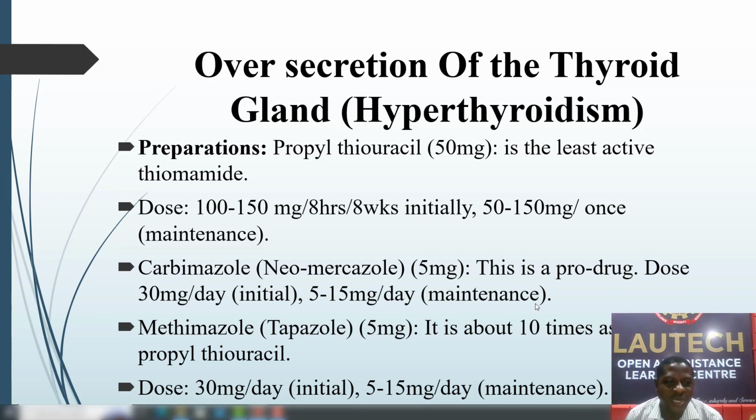Dose is 30 milligram per day initial dose, then 5 to 15 milligram per day as maintenance dose. Then we talk about methimazole, that is Tapazole 5 milligram. It is about 10 times as potent as propylthiouracil, and the dose is 30 milligram per day as initial dose, then 5 to 15 milligram per day as a maintenance dose.